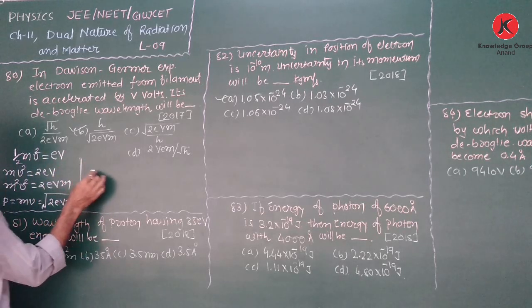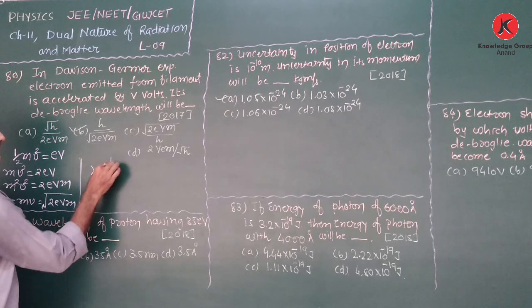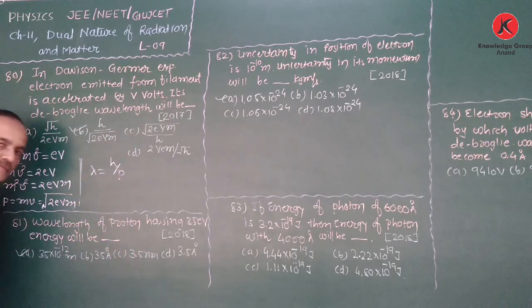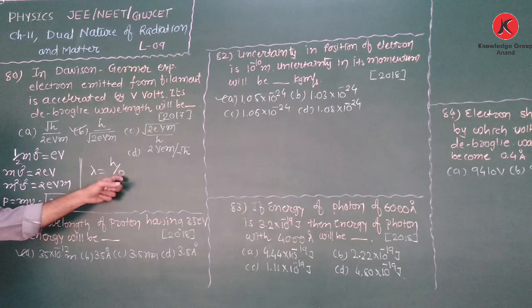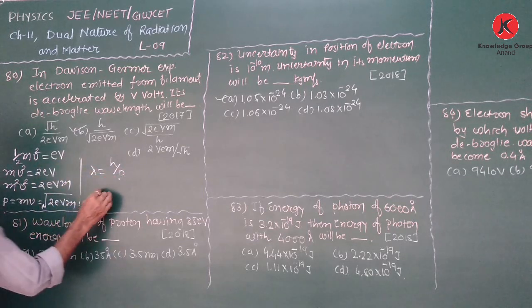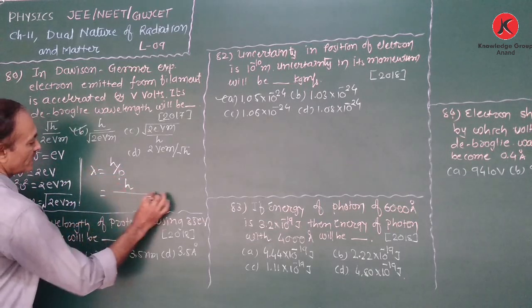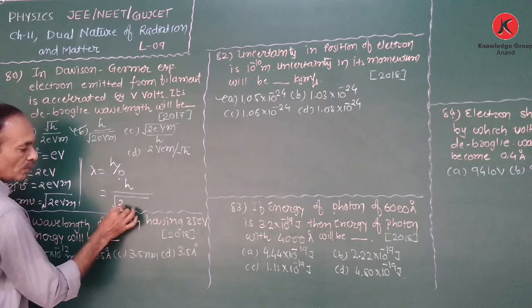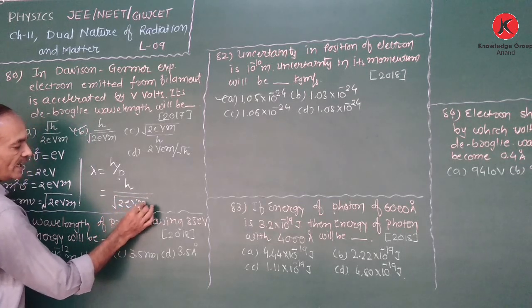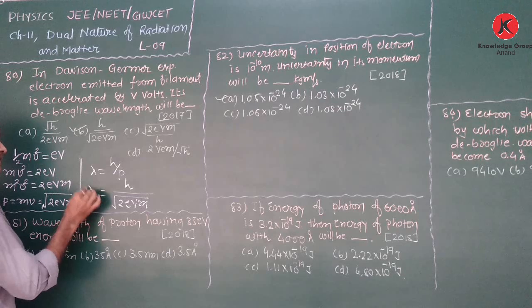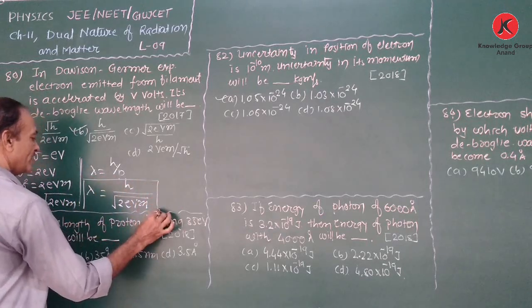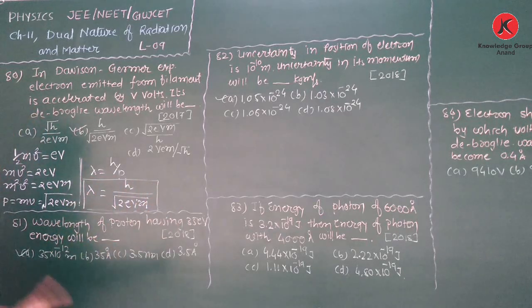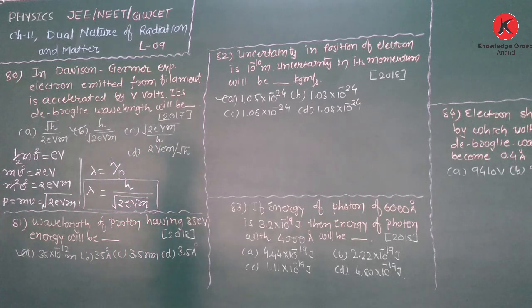The de Broglie wavelength lambda is equal to h upon p. Substituting the value of momentum p, we get h upon the square root of 2eVm. That is the de Broglie wavelength of an electron emitted by the filament and accelerated by V volts.